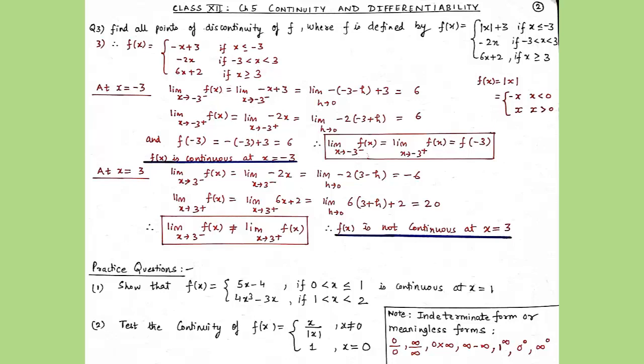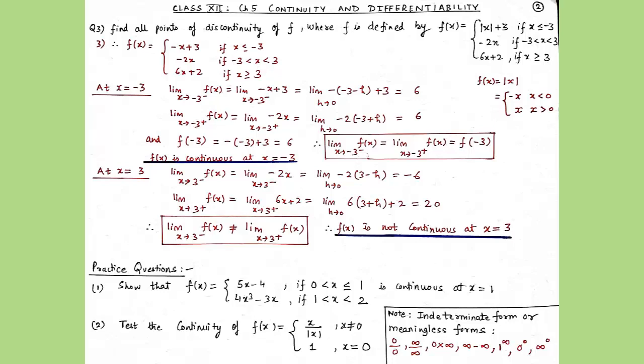As x tends to minus 3, h approaches 0. We get limit h tends to 0 of minus, and in place of x we write minus 3 minus h, plus 3. So when we substitute h tends to 0, we get 3 plus 3, and this is equal to 6.